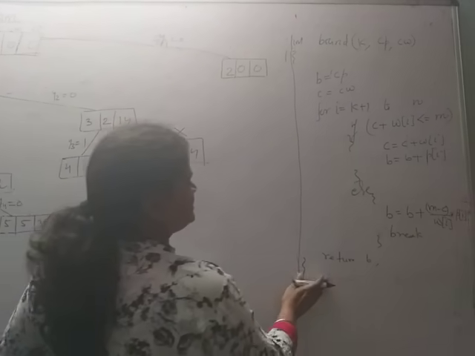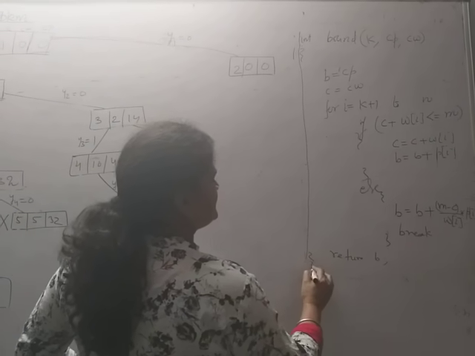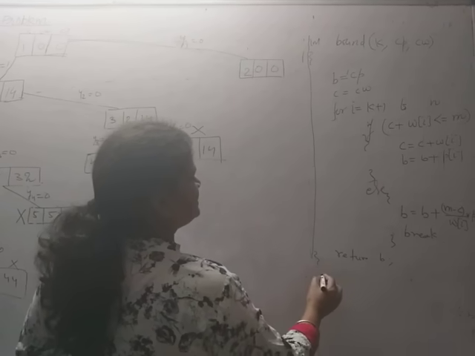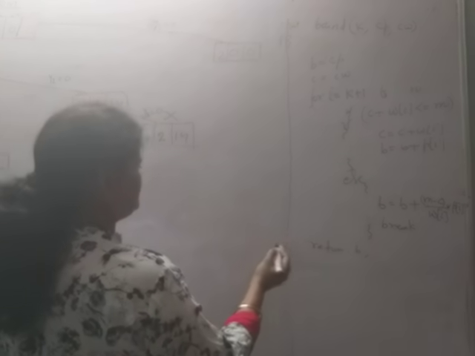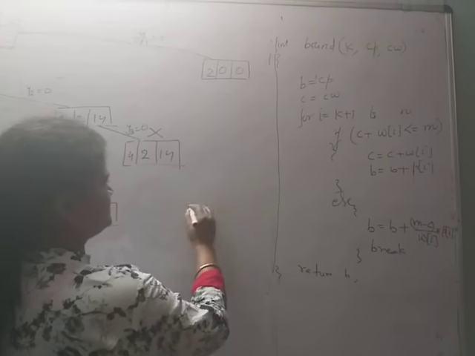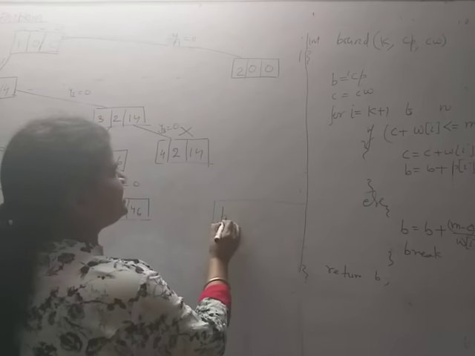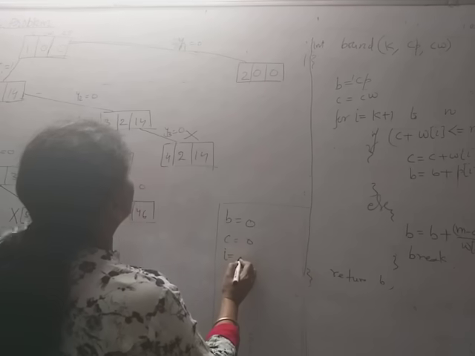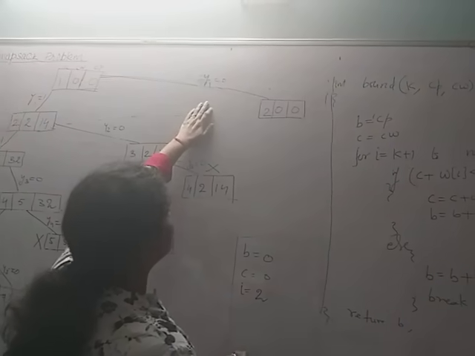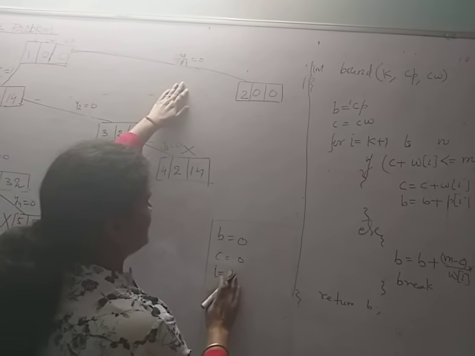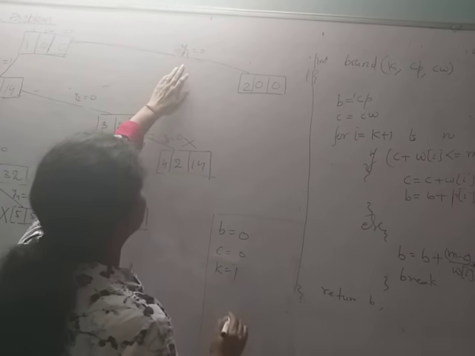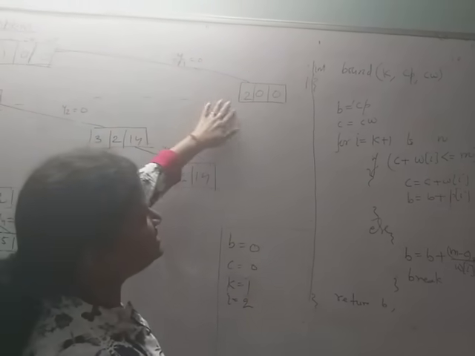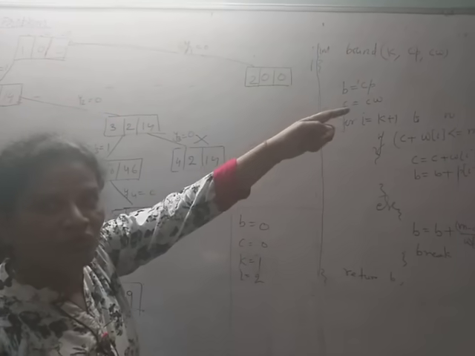So here I am just tracing: b equal to 0, c equal to 0, k equal to 1, because the first weight is excluded, and i equal to 2. This loop will run from 2 to 5.